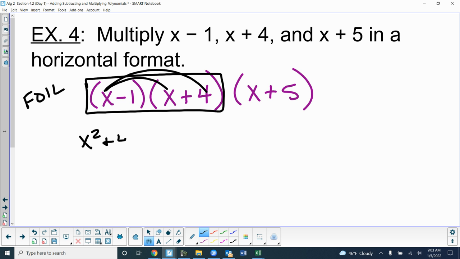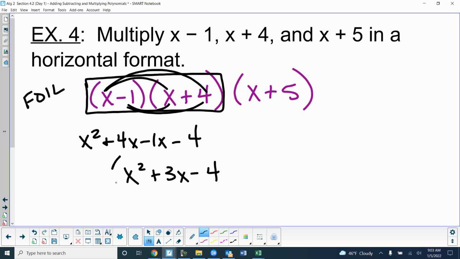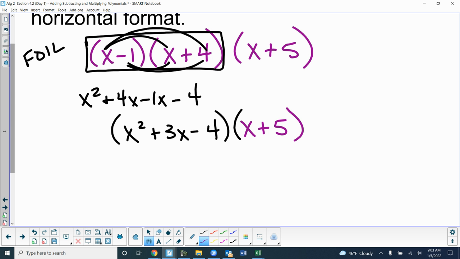outside 4x, inside -1x, last -4. So you get x squared plus 3x, combine those like terms. All right, so you get that answer, and then you times it by the x plus 5. Do that second step. You guys have done this stuff before, right?